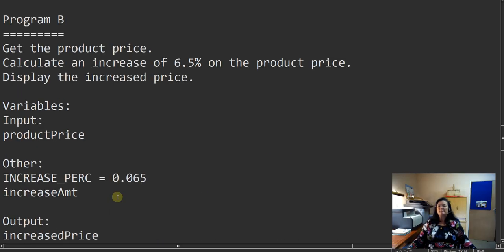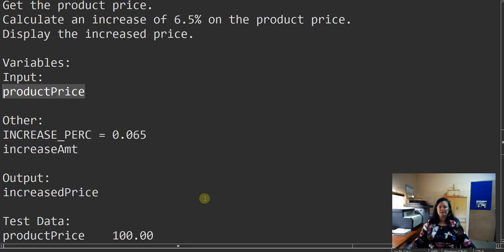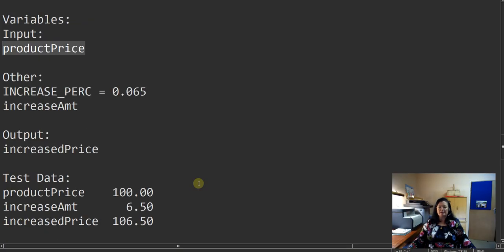So program B might say get the product price, calculate an increase of 6.5% on the product price, display the increased price. So my variables might be input for product price, other increased percentage and increased amount, output the increased price.